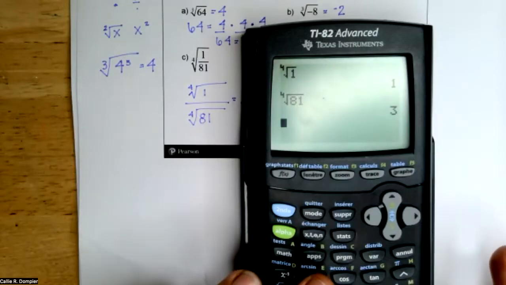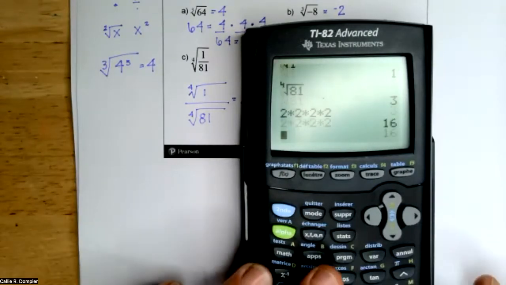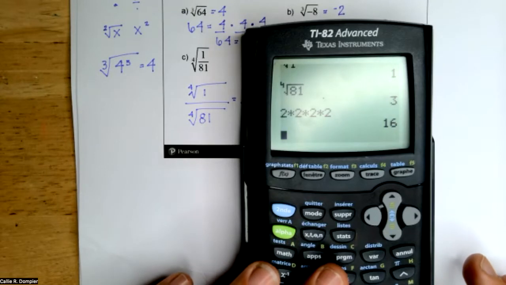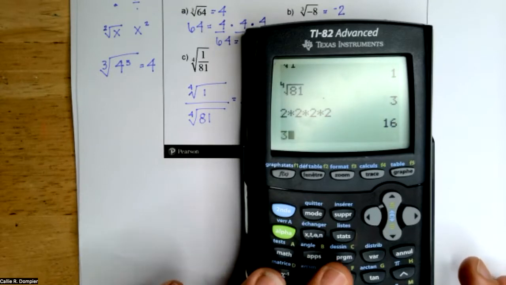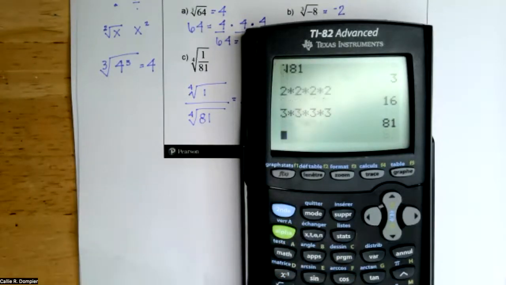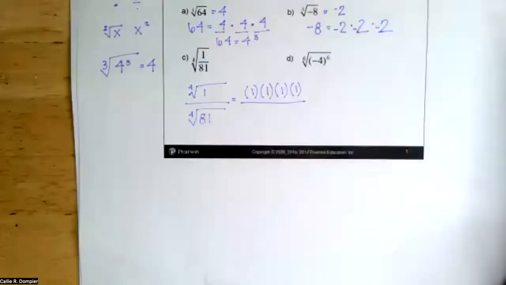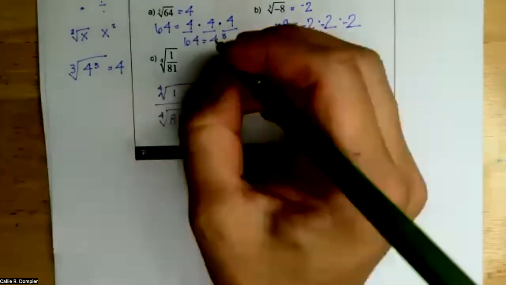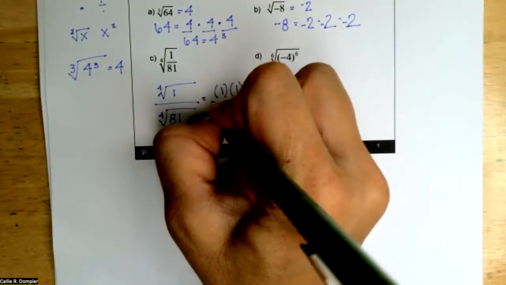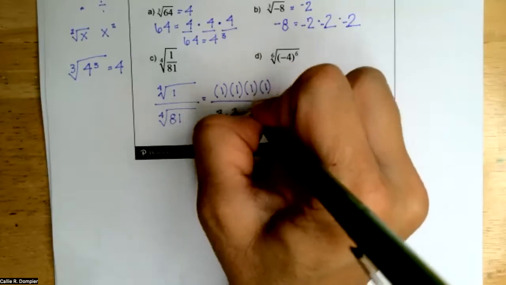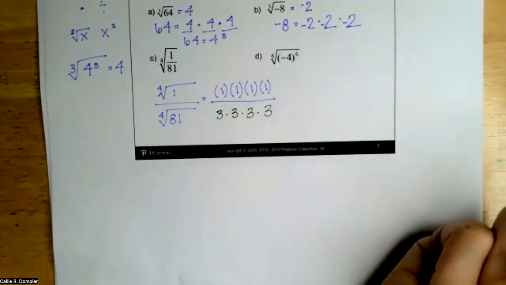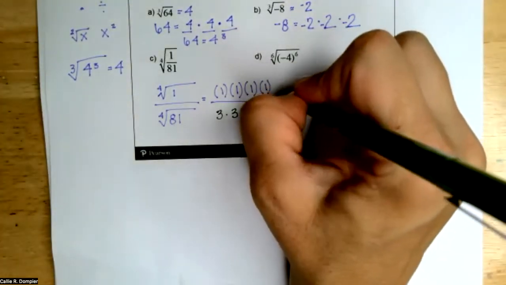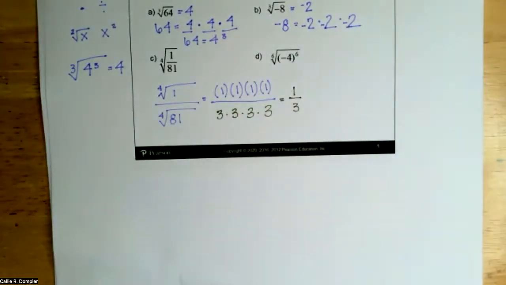Or I can just say 2 to the fourth power is 16, and just go one number at a time if you want. So 81 is just 3 times 3 times 3 times 3. So our answer is 1 on top, 3 on the bottom, or 1/3.